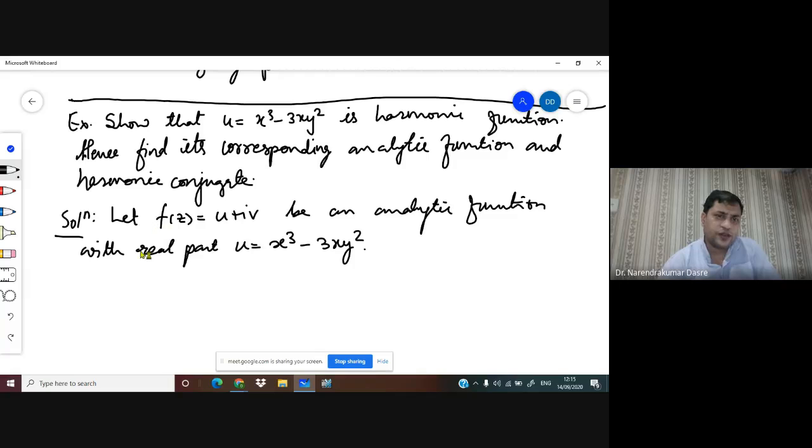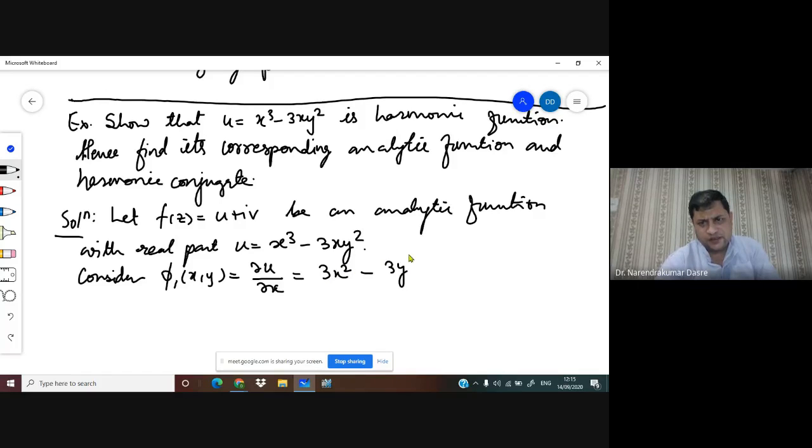So what to do to find the analytic function? Consider the first order derivative. So phi 1 of x,y is equal to del u by del x, which is 3x square minus 3y square. Let this be equation 1. Now we have to show that this is going to be a harmonic function also.